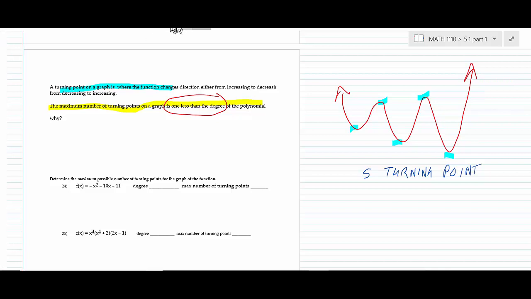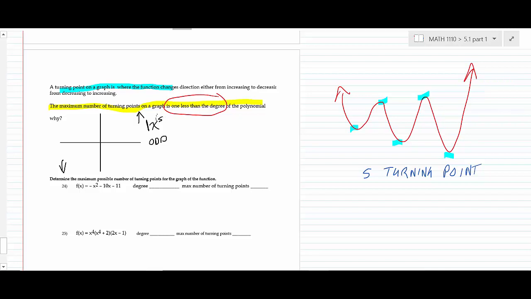So let me explain a couple of things on this, because you want to make sense of this. Let's say, for instance, that you had something like x to the 5th, an odd degree polynomial. We know that if the leading coefficient is positive, then the graph would go like this.